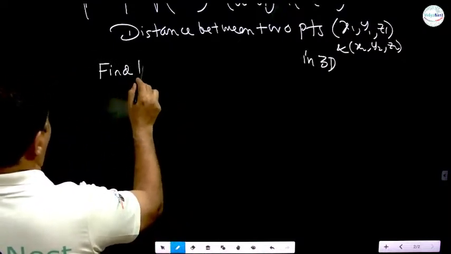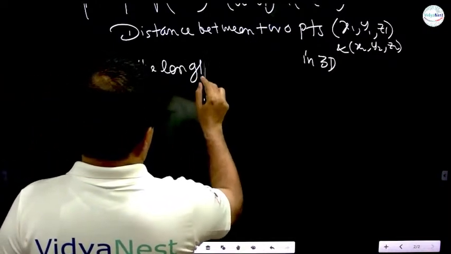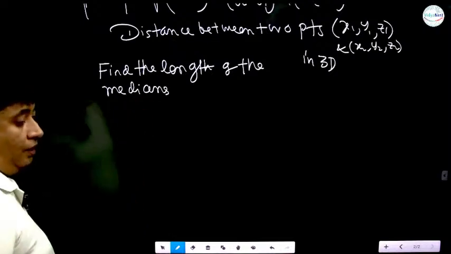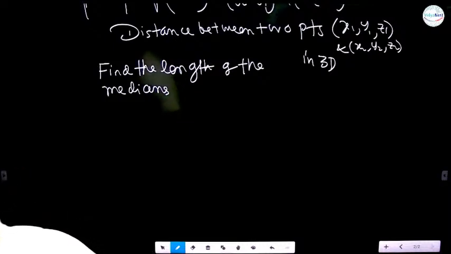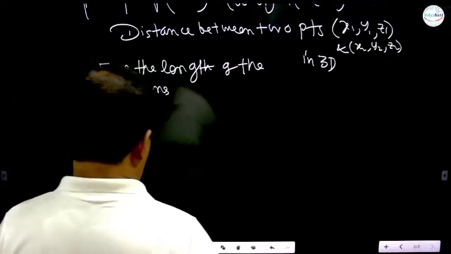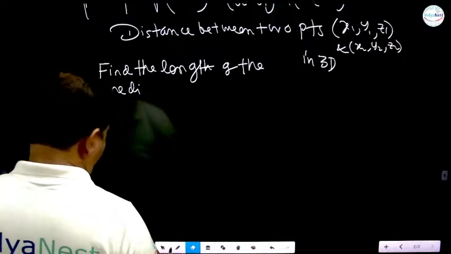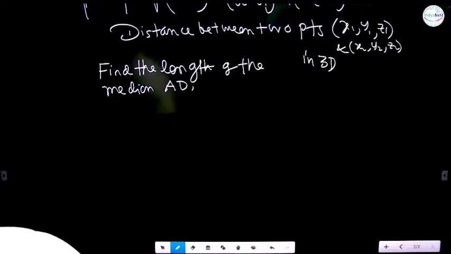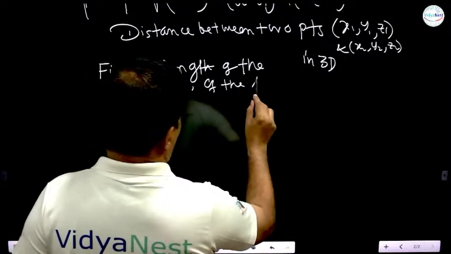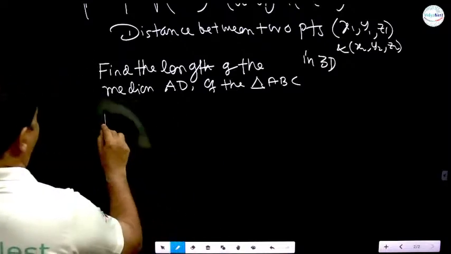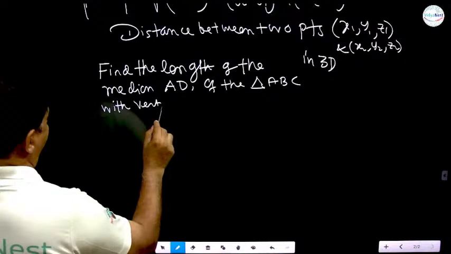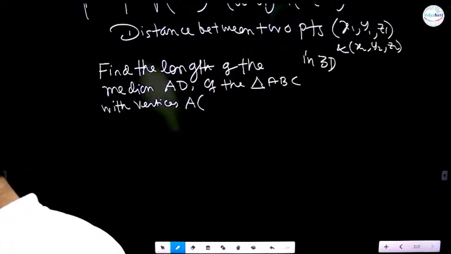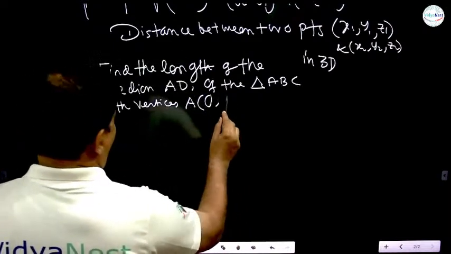Find the length of the median AD of the triangle ABC with vertices A (0, 0, 6).